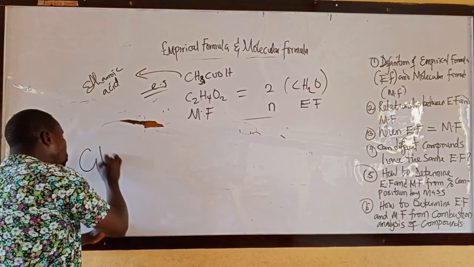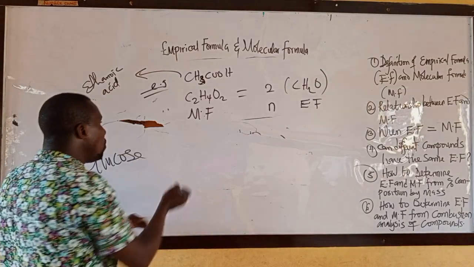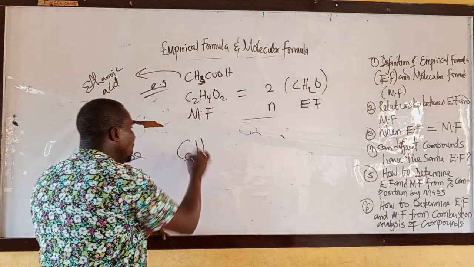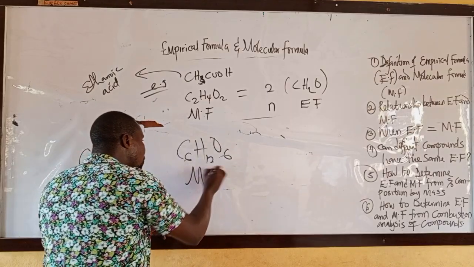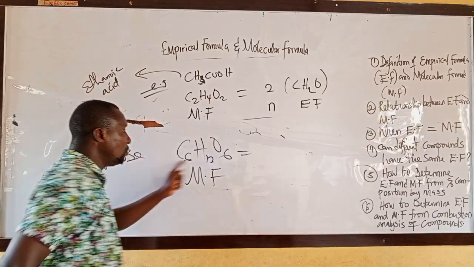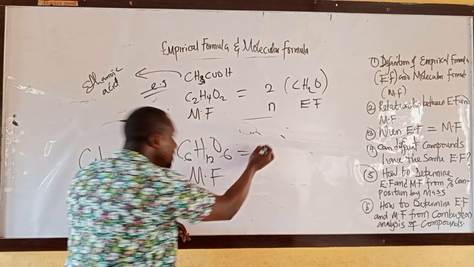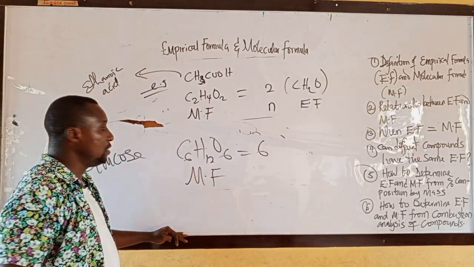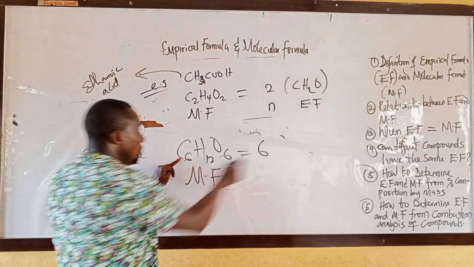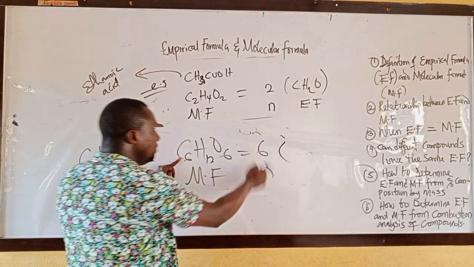Look at glucose. Glucose is C6H12O6. This is the molecular formula of glucose. What do they have in common? They have 6 in common, so n is 6.